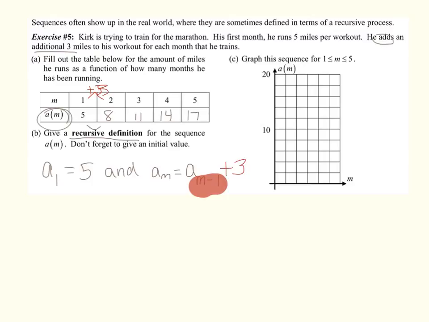Now go ahead and plot your points here. 1, 5. Now don't forget that we're not going up by 1s. Watch my scale. I'm going over by 1s on my x, but I'm counting up by 2. So 1, 5 is going to be right up in here somewhere. Then we're going to go to 2, 8. 2, 4, 6, 8. Then we're going to go to 3, 11.